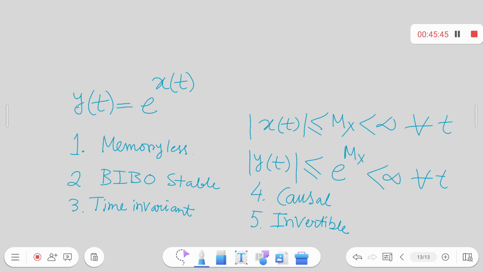Now, having said all these different properties, five different properties: memory, stability, time invariance, or rather shift invariance, causality, and the inverse property. Now, let us move to the very fundamental and very useful property of a system with which we deal a lot.